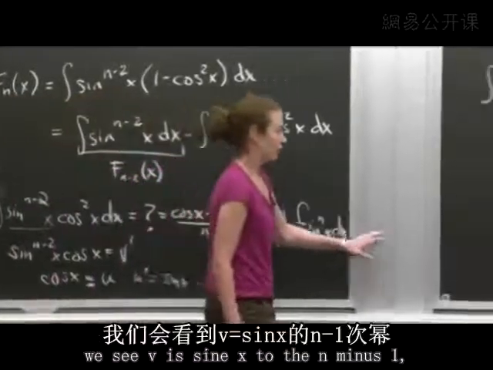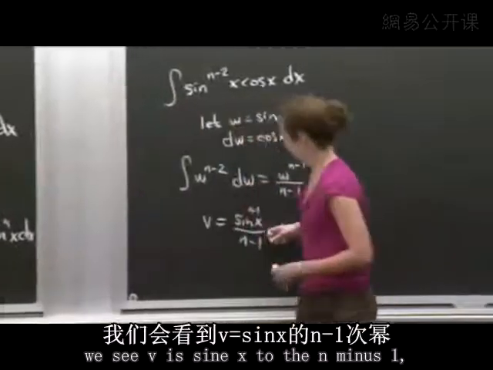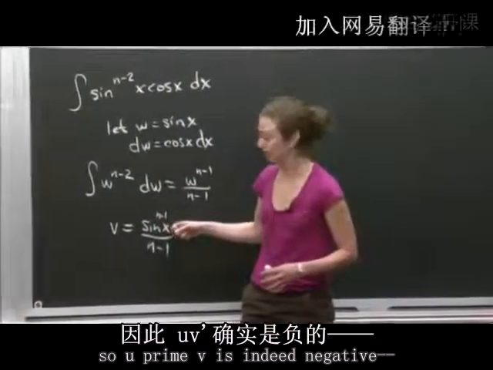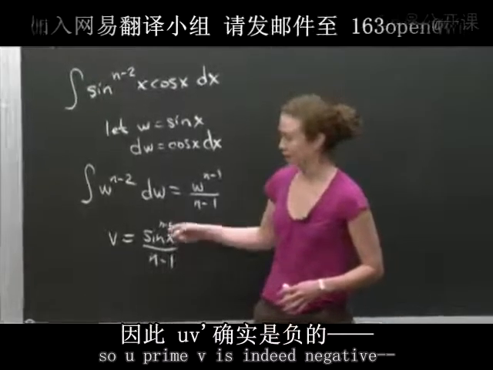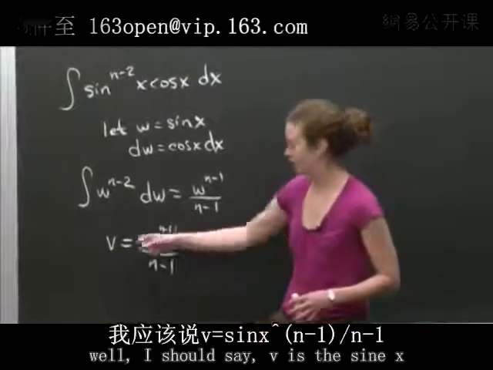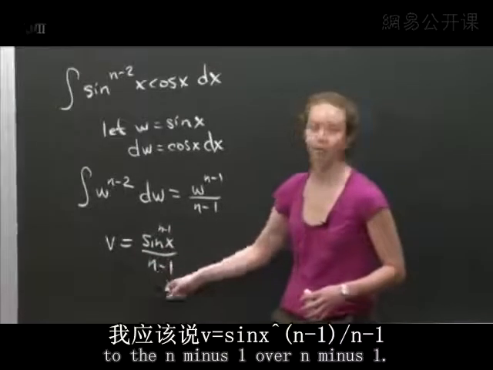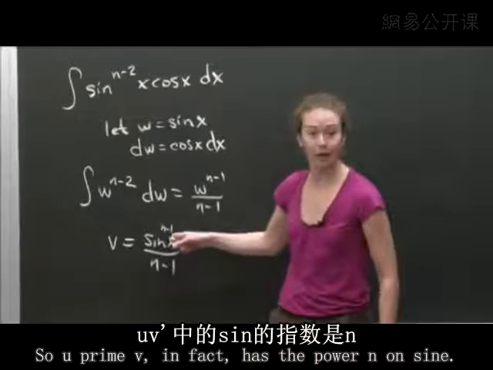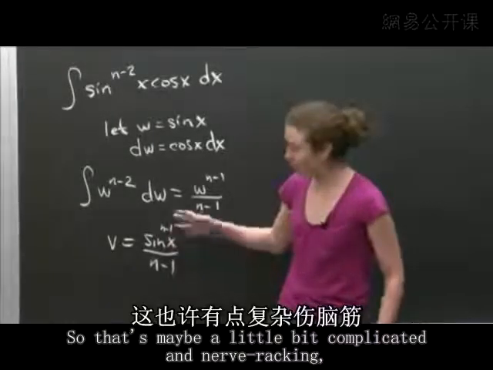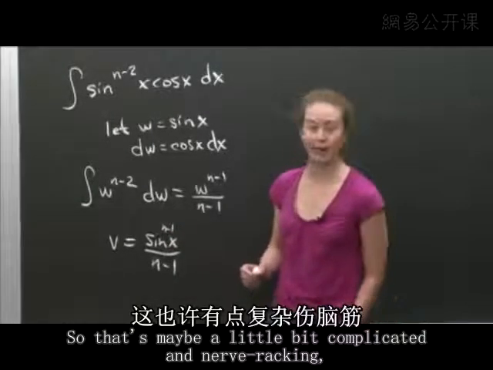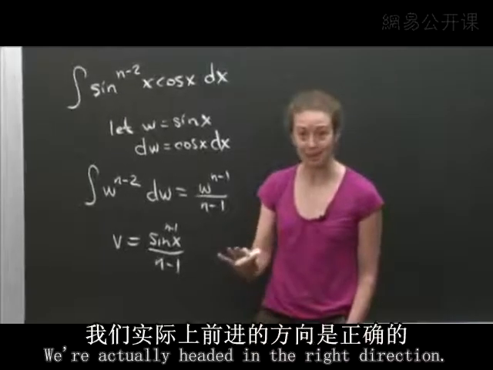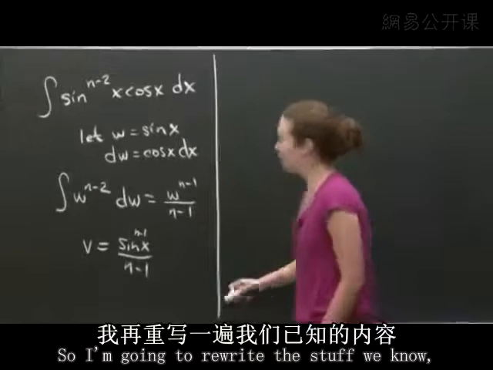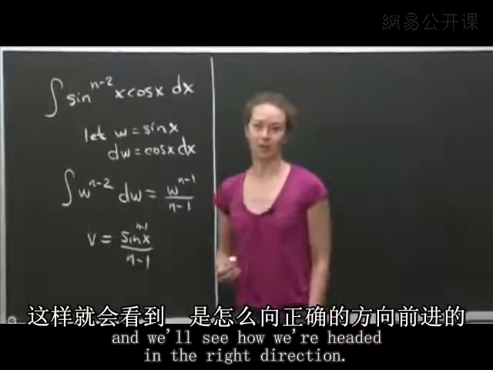If we come over here, we see v is sine x to the n minus 1 over n minus 1. So u prime v, in fact, has the power n on sine. So that's maybe a little bit complicated and nerve-wracking, but that's okay. We're actually headed in the right direction.